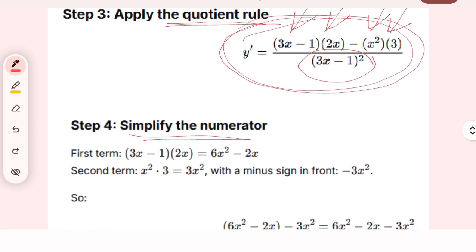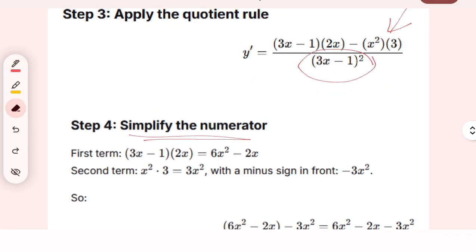Let's start with the first term in the numerator: 3x minus 1 times 2x. Multiplying, the answer is 6x squared minus 2x.